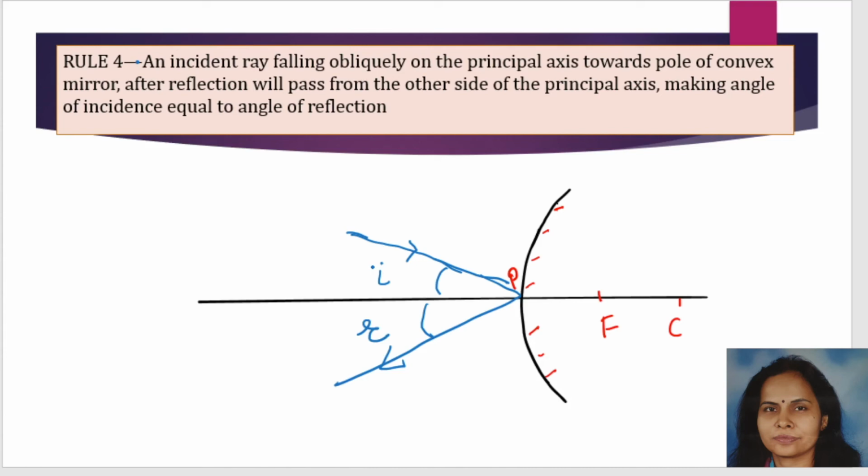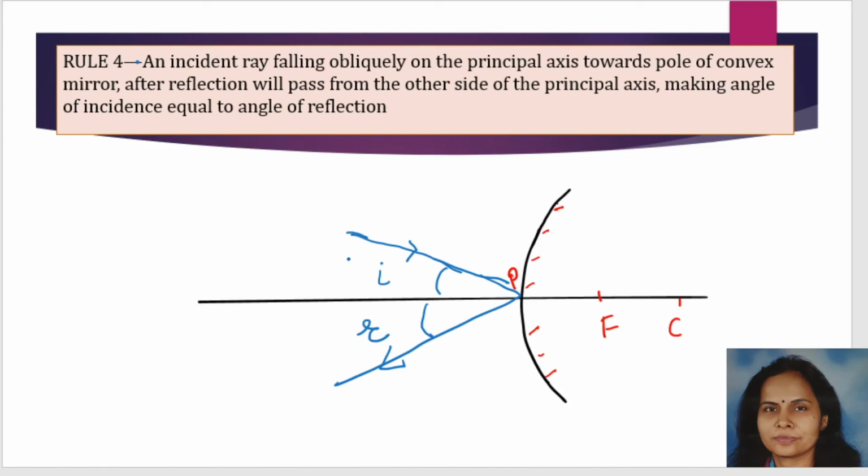Because in rule number 4, there is no specific point from where the reflected ray can pass. So be careful while drawing the reflected ray that the angle of incidence is equal to the angle of reflection.